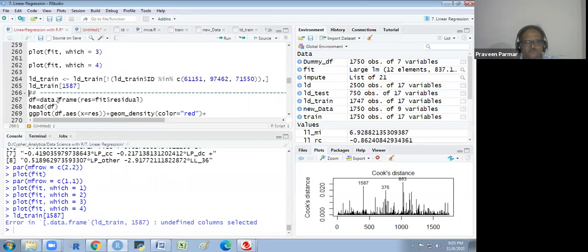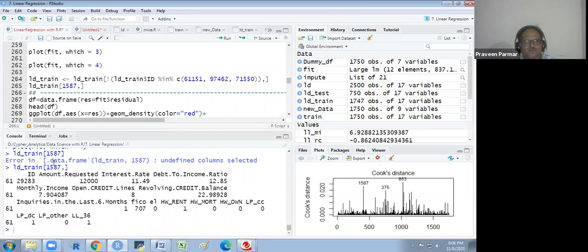Just run this and see. Column selected and define column selected. No, it is not a column. It is a row. Oh no, it's something else. It is not giving me that.